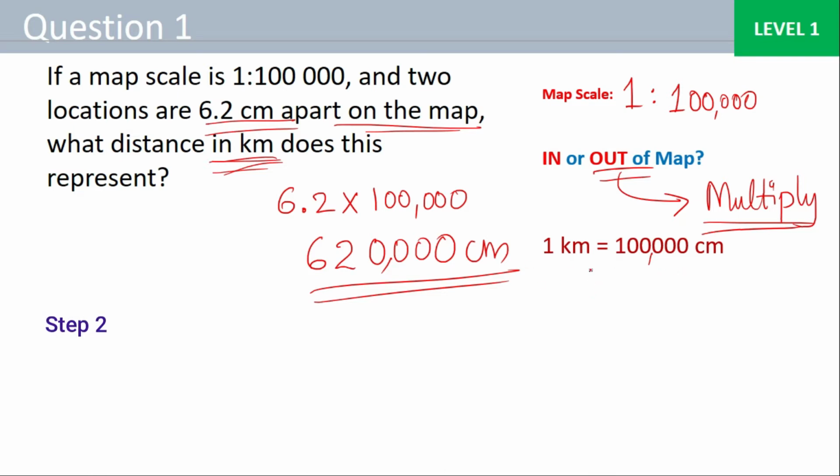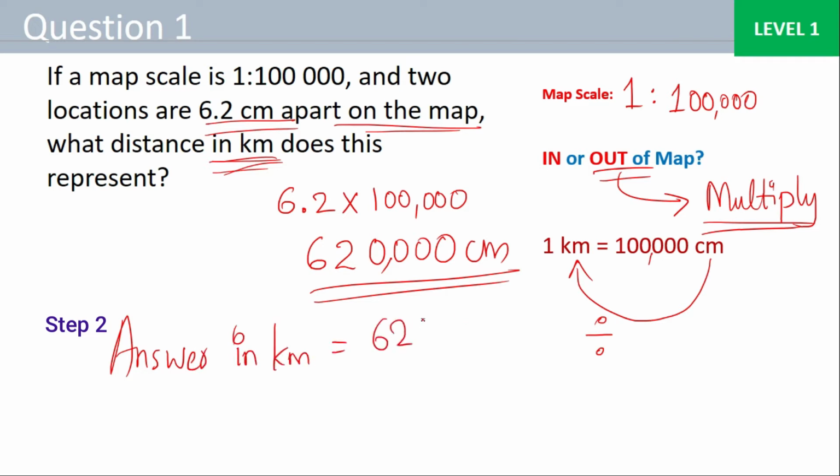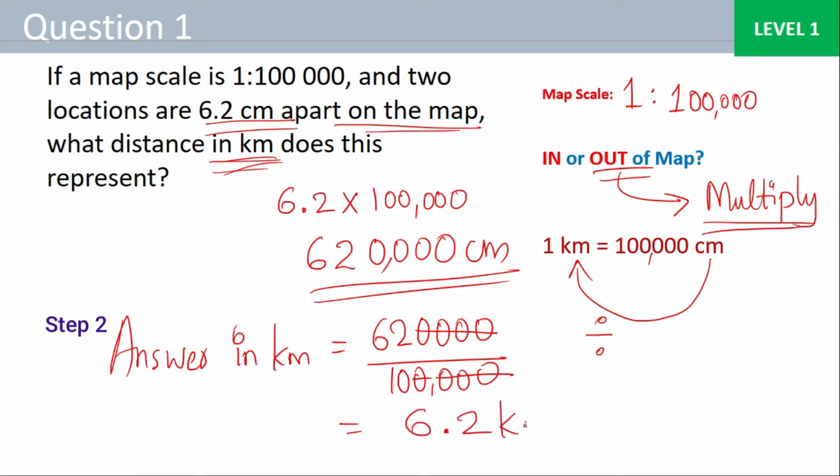So from a bigger unit to a smaller you multiply, but from centimeters to kilometers you divide by 100,000. So your answer in kilometers will be equal to 620,000 divided by 100,000. So you have the answer as 6.2 kilometers.